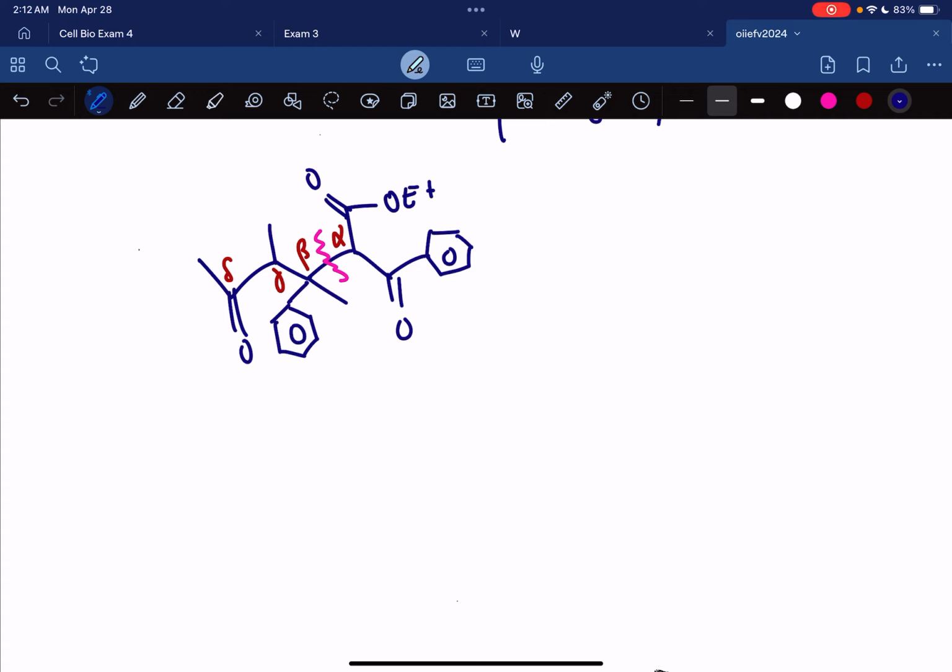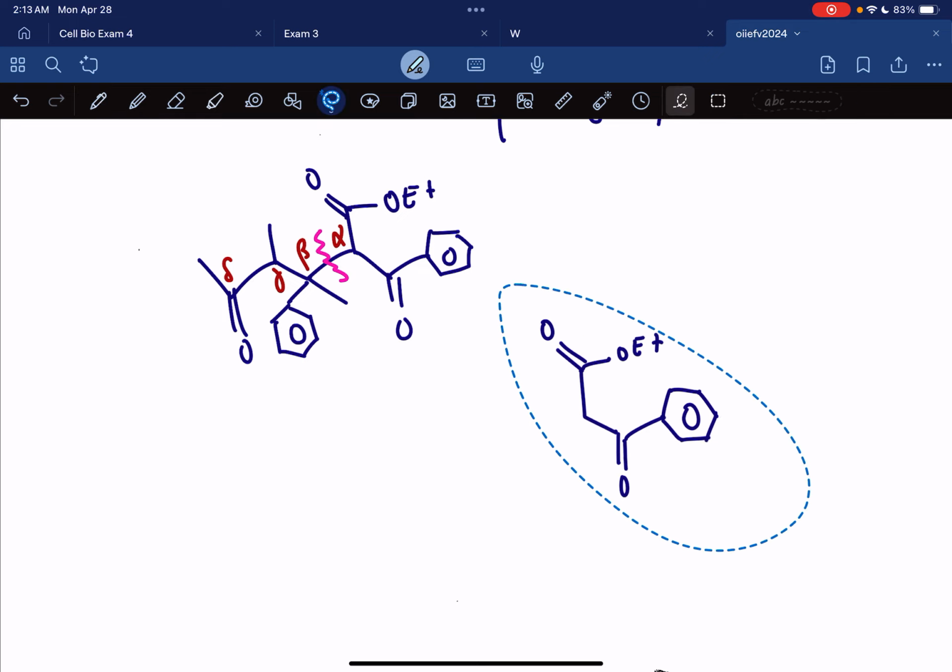So now we have two pieces. We're going to have this piece on the right side. This is going to look like this. And we're going to have the other ester here. So that's one piece of it.